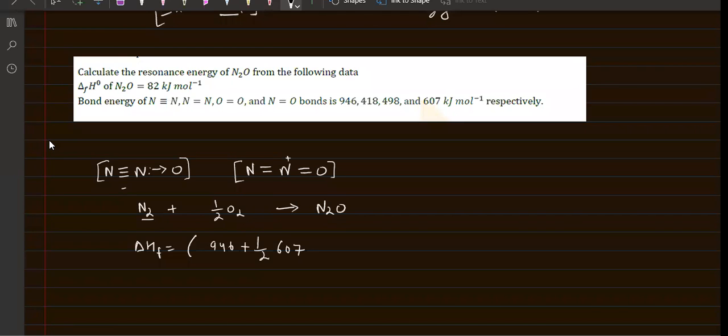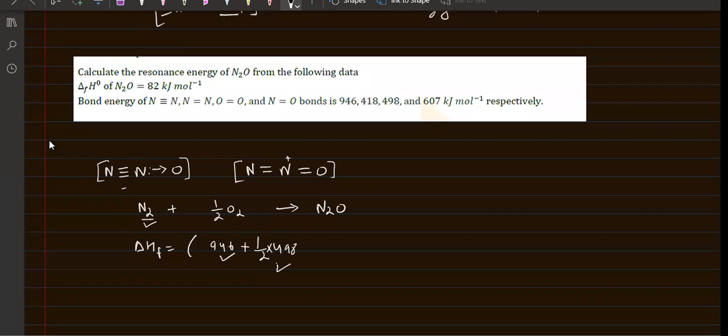See, this is your bond energy. So delta H in the case of bond energy is reactant minus product. So this is N2, this is half O2, 498. Right?